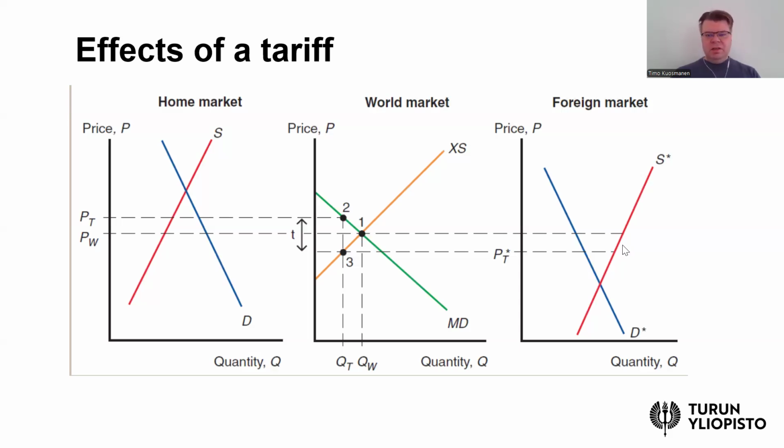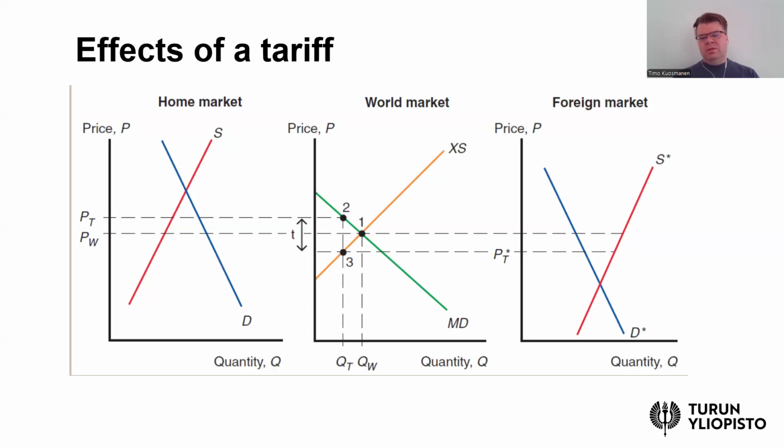And then what happens in the foreign market, on the other hand? For example, the Chinese exporter, when there is this tariff, gets a smaller price. So the prices fall also in the foreign market, which is then the Chinese home market. And this means that foreign supply decreases as a result of the decreasing price, but on the other hand, it's offset to some extent by increasing demand as the price in the foreign market decreases.